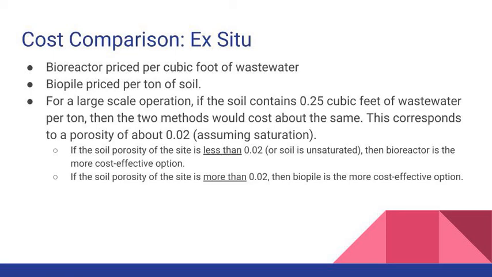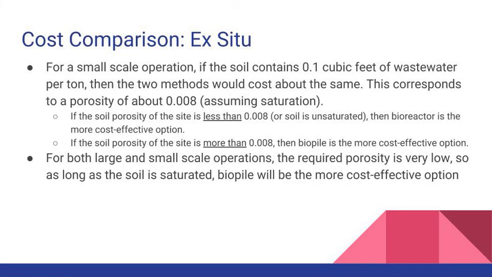For a small-scale operation, the comparison is similar, and it's found that the soil would have to contain 0.1 cubic feet of wastewater per ton of soil for a biopile at this site to be priced similarly to a bioreactor. This corresponds to a soil porosity of 0.008, even lower than the 0.02 estimate for large-scale operations. So again, assuming saturation, this porosity is very low and unrealistic for most soil types.